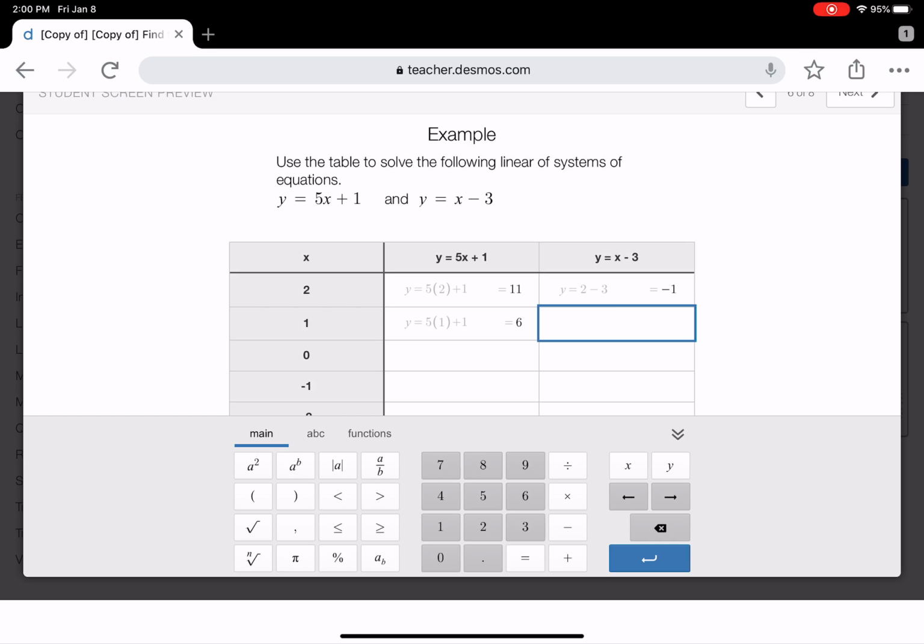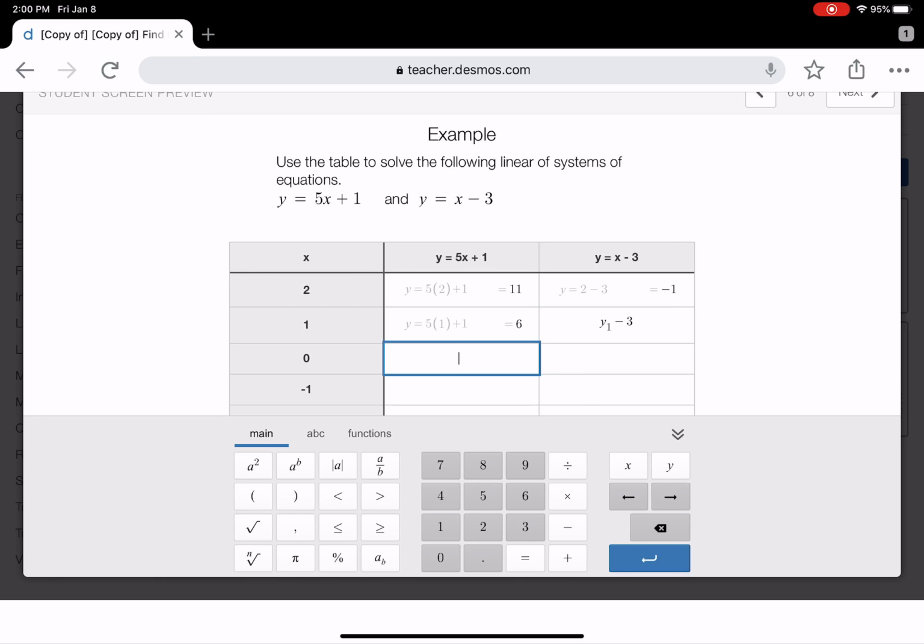Now for the next equation, when x is 1, we have y equals 1 minus 3, enter. It's -2. So 1 minus 3 is -2.